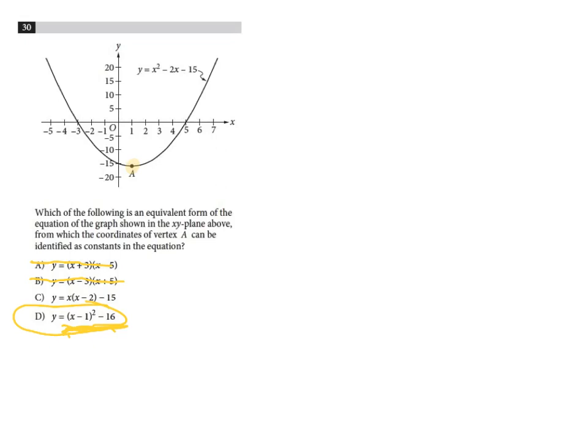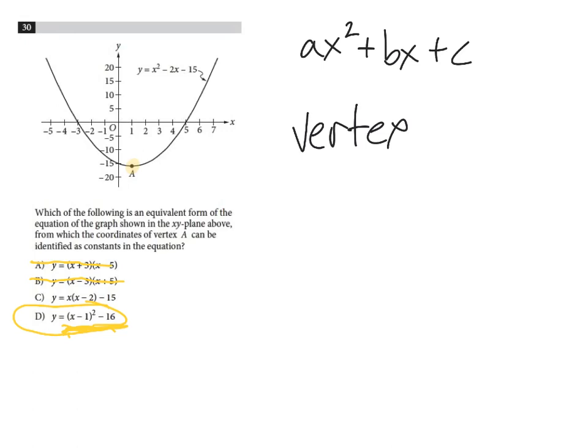Okay, there's another way that we can tell. We can take our equation in standard form, and we know that the x value of the vertex is going to be -b over 2a.